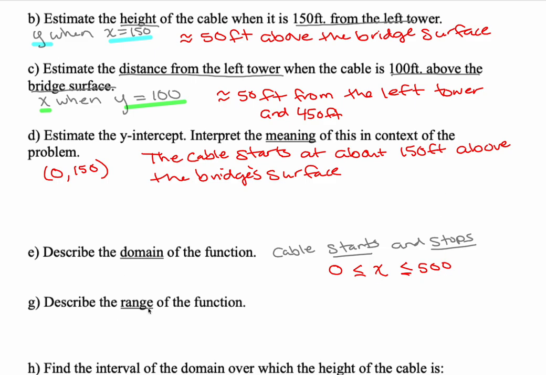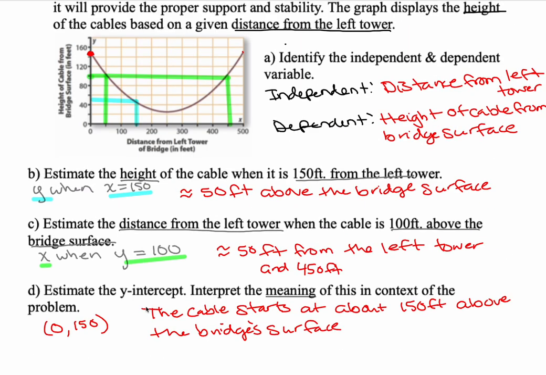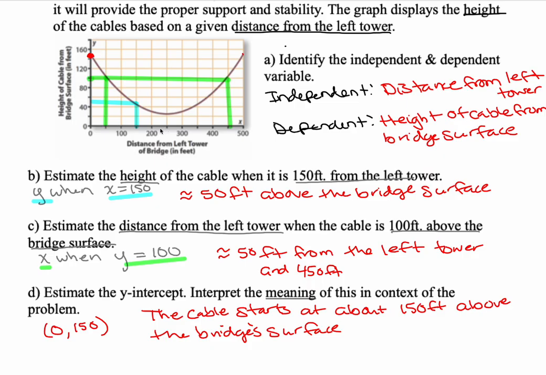When it asks for the range, that is the y values, so we want to think about the height of the cable. We know that the cable is not touching the bridge's surface, but it does have a stopping point as well, because it will go to the top of the tower where it starts, and then it'll come down, and then it'll go back up.